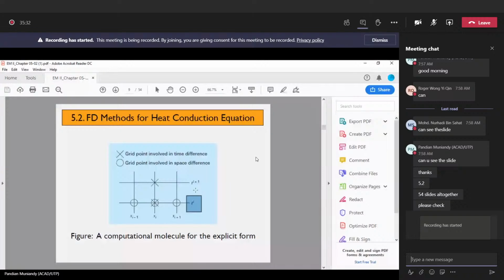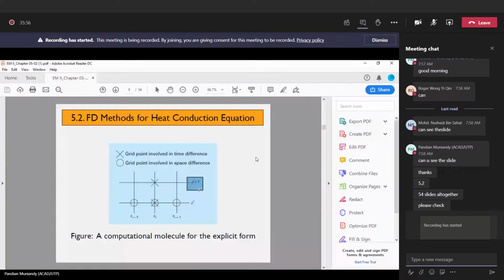This is xi minus 1, that means the previous x. This is the current x. This is the next x, I plus 1. But on the x-axis, T superscript L, L is the current one. The next time depends on the next level, L plus 1.